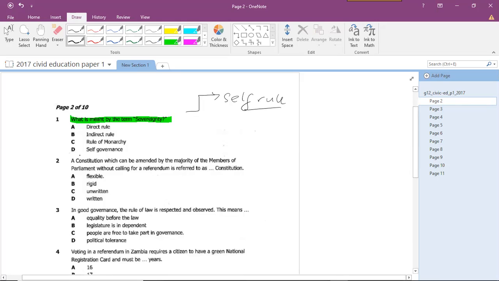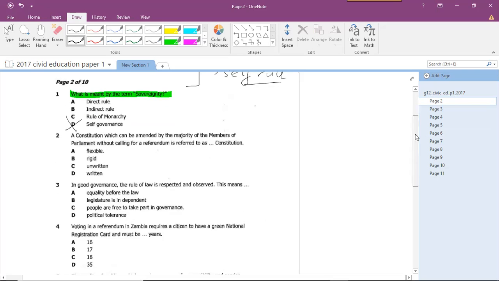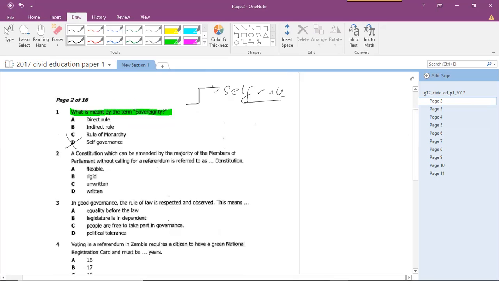So here our answer should be self-governance. So our answer will be D. Every time you can make reference to your civic education book. For example, let me show you a trick that I use.